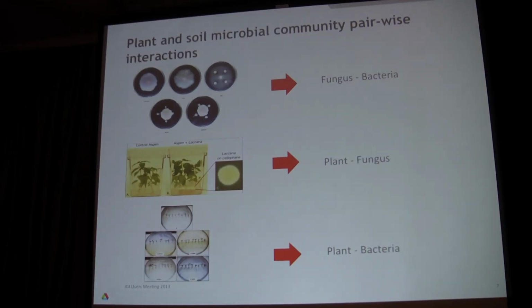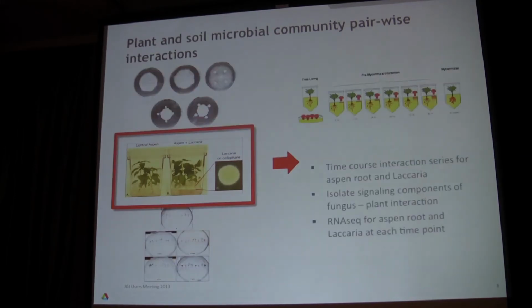So we have fungus-bacteria communities, plant-fungus interactions, and plant-bacteria interactions, and we have found combinations of these communities where the phenotype of the community is dependent upon the culture condition and on the media. The response of these things to one another is dependent on the media environment. For the rest of the talk, I want to focus on the plant-soil microbial combinations.